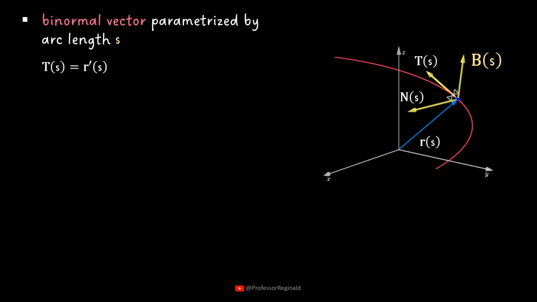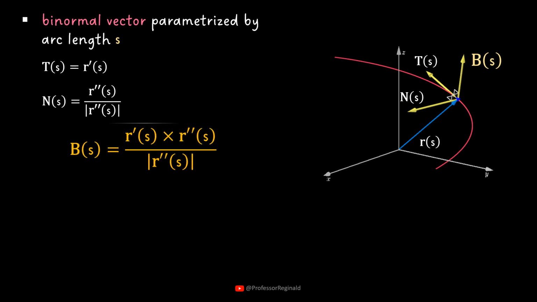And from the previous page, we derived the following formula for the unit normal vector parametrized by arc length. Then it follows that the binormal vector is given by the following formula. Now if we use this formula of curvature, we arrive at an additional formula for the binormal vector.